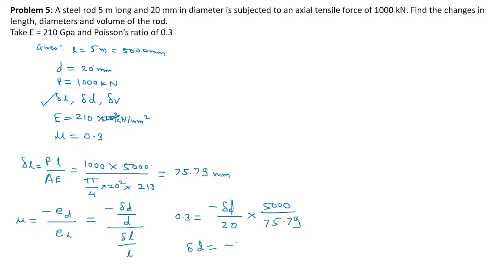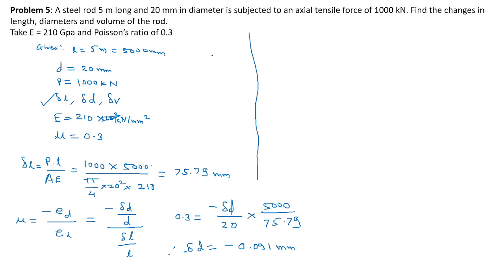Delta D is negative, 0.091. I am giving you these values directly after calculating myself, but please don't write them as they are. Calculate by your own with a calculator, because you need to practice it by yourself. That will be most helpful. So delta D we can find.